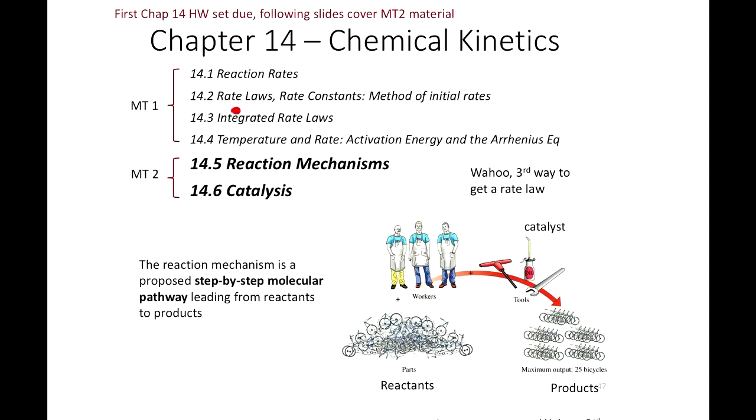We looked at rate laws and rate constants, method of initial rates. That's how we can experimentally determine a rate law. Then we looked at the integrated rate laws, where graphically, depending on how we graph the data, we can figure out a rate law, whether it's first, second, or 0th order, and we can calculate the concentration at any given time.